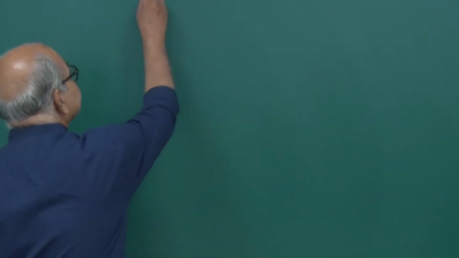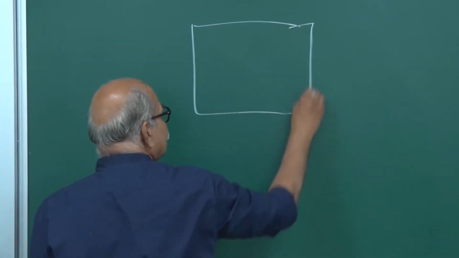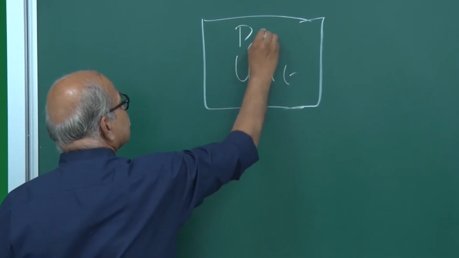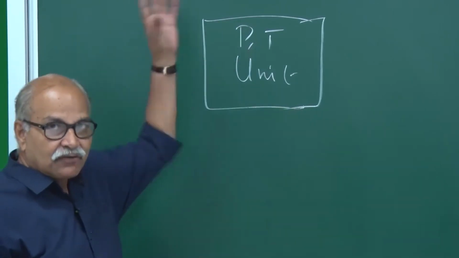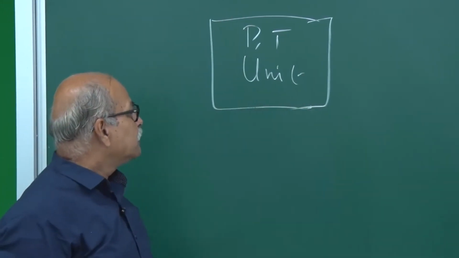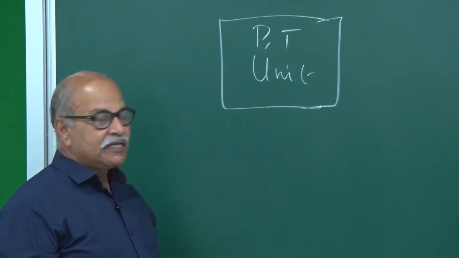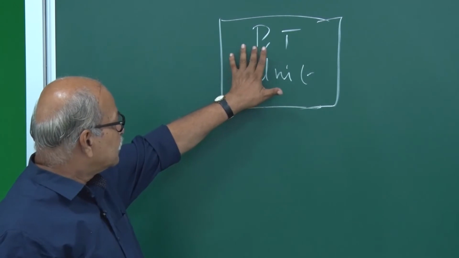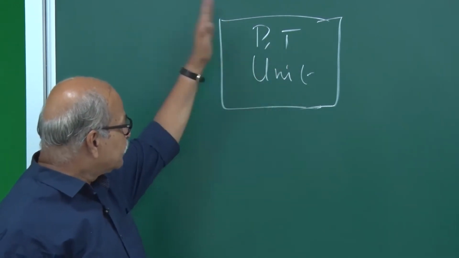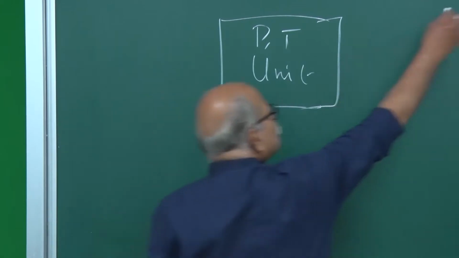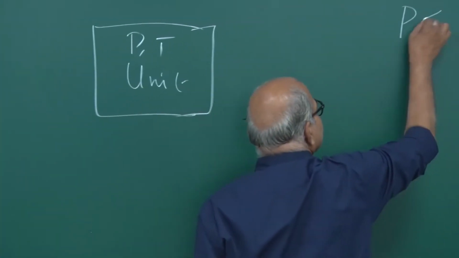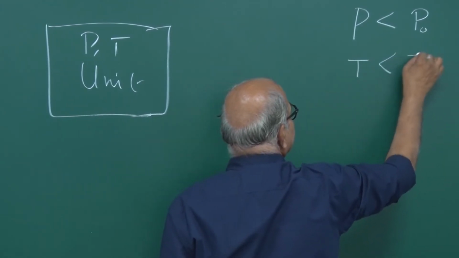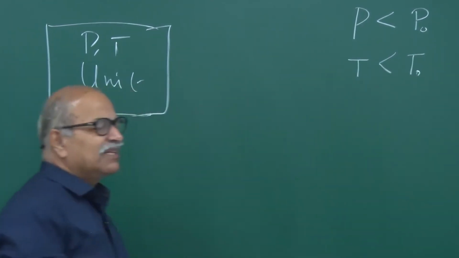Suppose I have this unit here, this is our unit, and in this unit we have some pressure and some temperature, and some processing is going on, and pressure and temperature are building, and in a steady state there should be some fixed pressure and temperature which could vary a little bit, but P should be less than P naught, and T should be less than or equal to T naught.